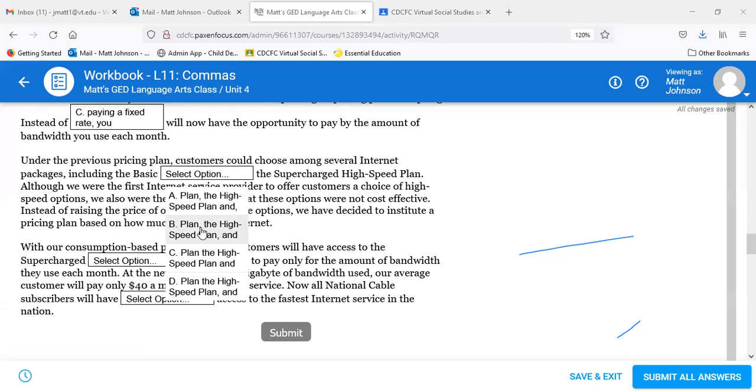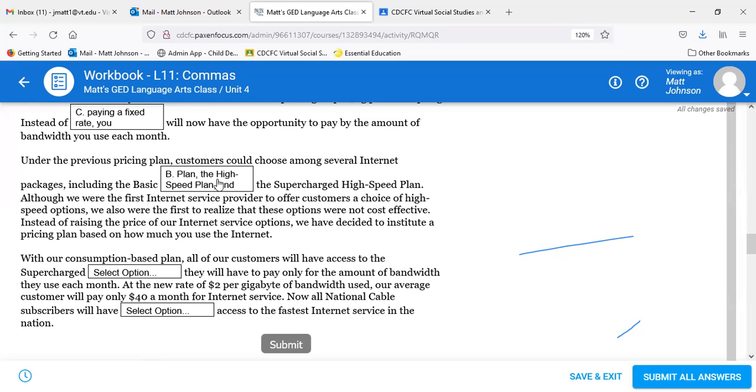This is B. So we have a list of items again. This is a huge sentence, by the way, too. So we have an introductory clause at the beginning. Under the previous pricing plan, comma, customers could choose among several internet packages, including, and this is actually sort of an interrupting phrase, the basic plan, comma, the high speed plan, comma, and the supercharged high speed plan.